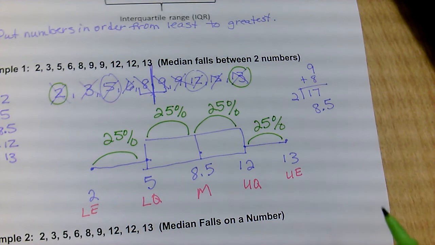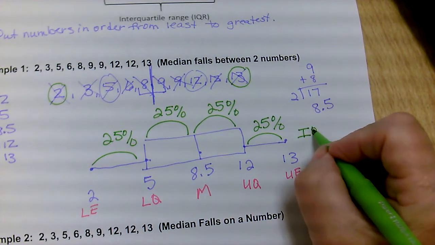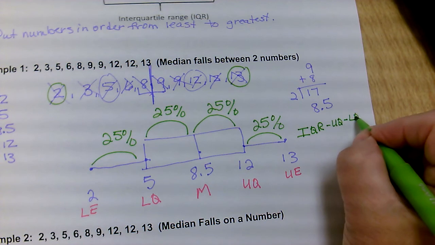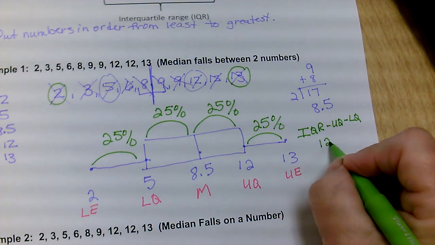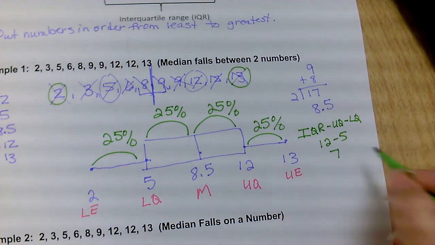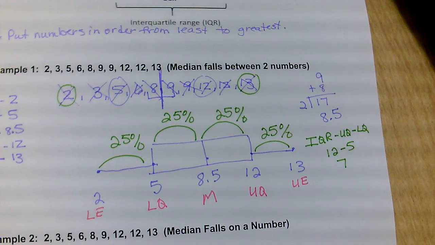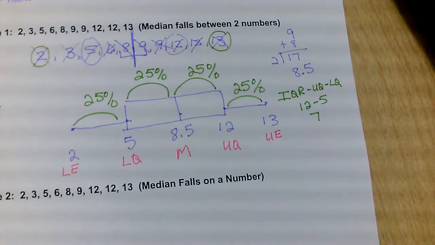Our interquartile range, or IQR, is our upper quartile minus our lower quartile, which is 12 minus 5, which is 7. That's pretty much all you need to know about box plots, other than the way the median is calculated.